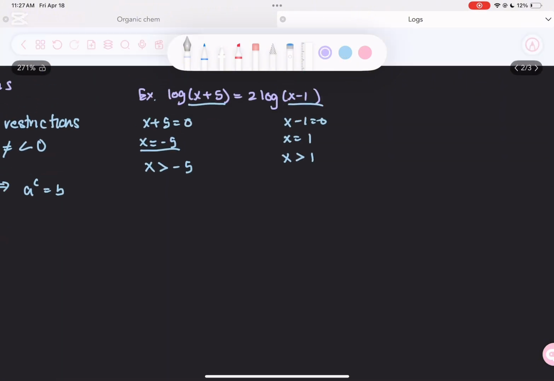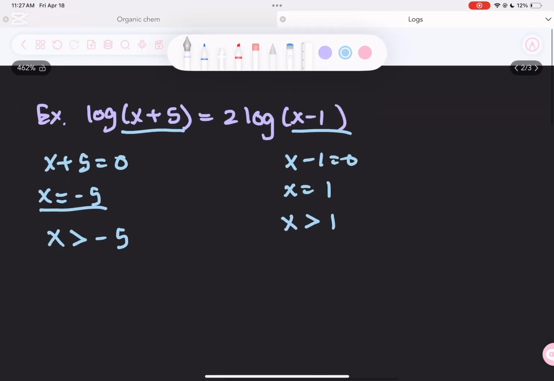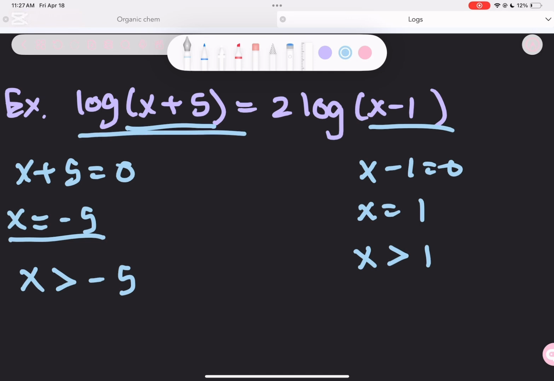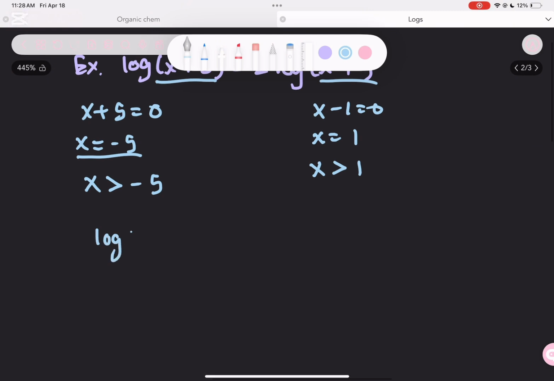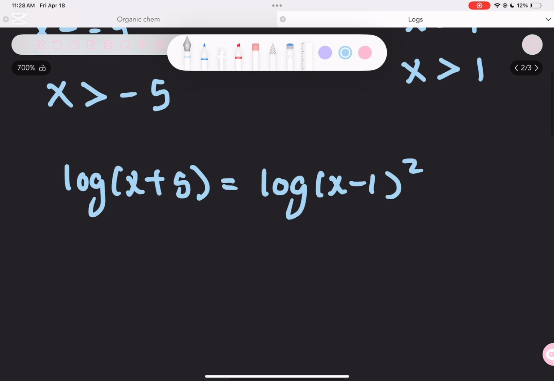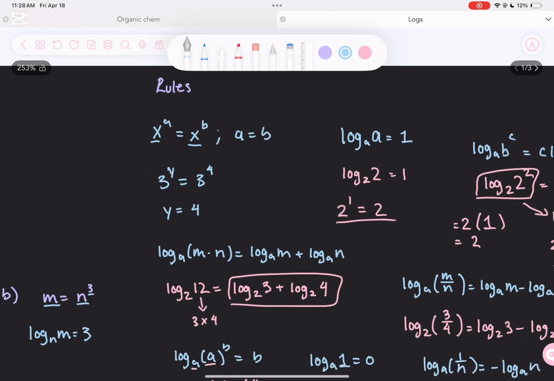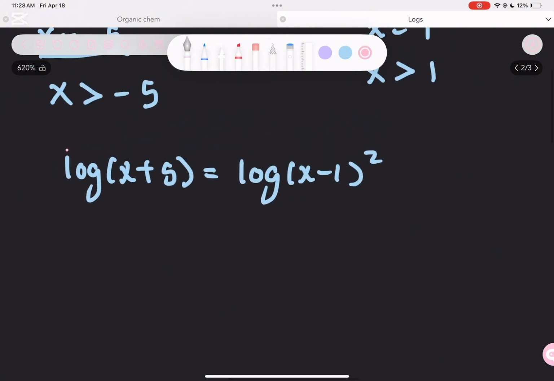Okay, when you get to this part, you can now start solving. Since we have these two terms, first we want to move this 2 back to its exponent using the power rule. So you can rewrite this as log of x plus 5 is equal to log of x minus 1 squared. Now that you just have your logs here, usually when both sides are being logged, you can just ignore them.